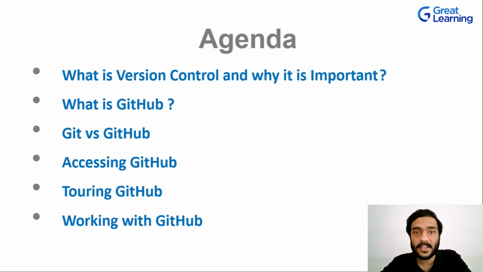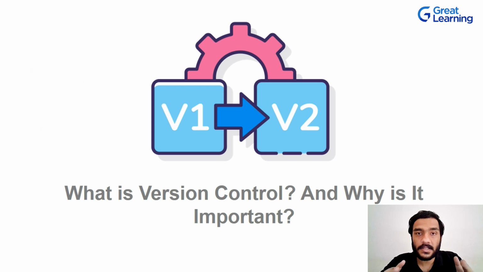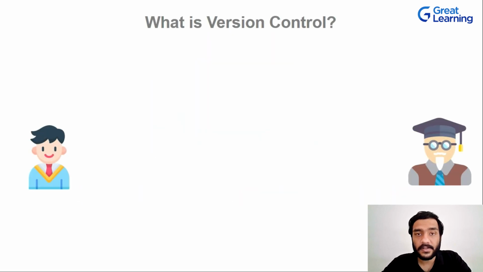All right. So that's our agenda. So guys, now let us understand what version control is as a principle and why it is so important when it comes to software development. To understand this, I think we need to deep dive into a very simple example, right? So right now, it doesn't matter if you're working or if you're a student. Let's take the example of a student, because all of us were students in the past, one way or the other.